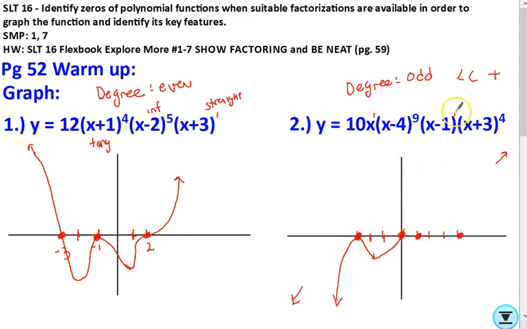At 1, it's 1, so I'm going to turn around and go straight through. And then odd here is change in concavity. And there is our graph. Let me get rid of my notes. All right, so check your graph for that one.